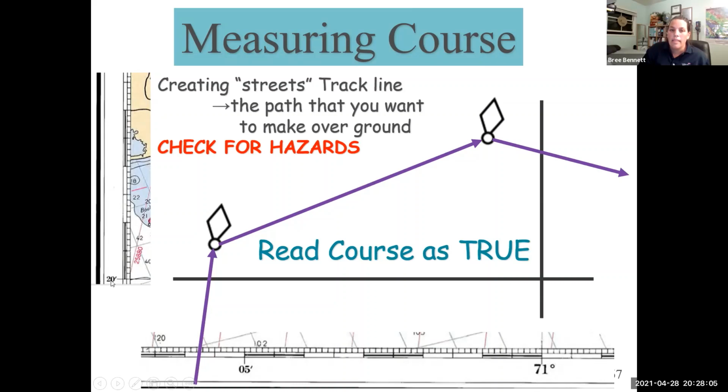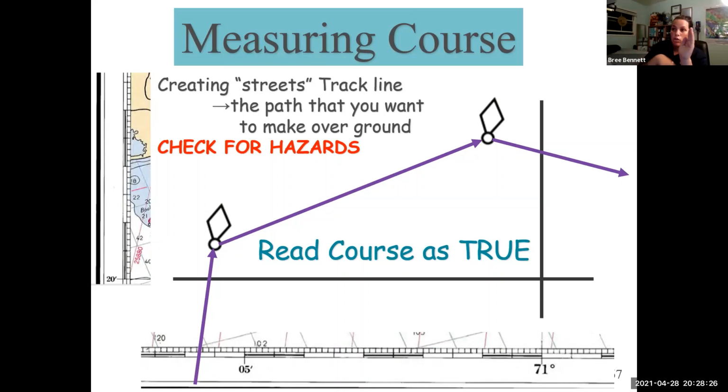So if we remember, north is 0. And then if we go clockwise, we go by degrees. So due east is 090, due south 180, due west 270, and then back to north is 000.